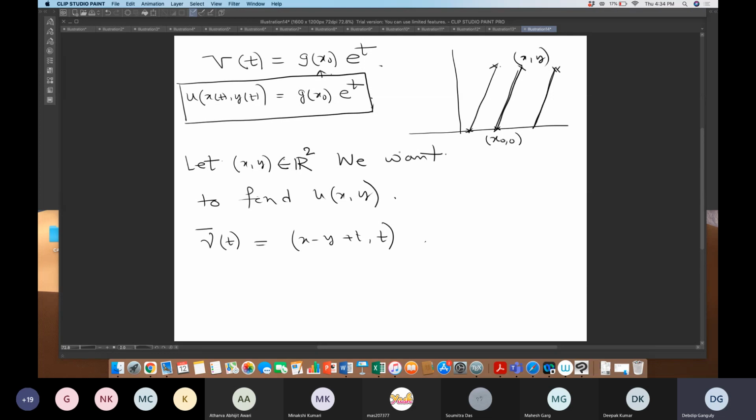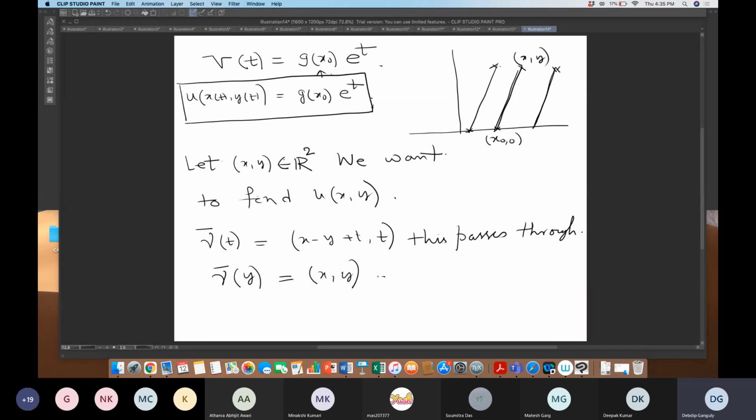So some line is there. This passes through gamma prime bar of y. What is gamma y? If you put t equal to y, you have, clear?